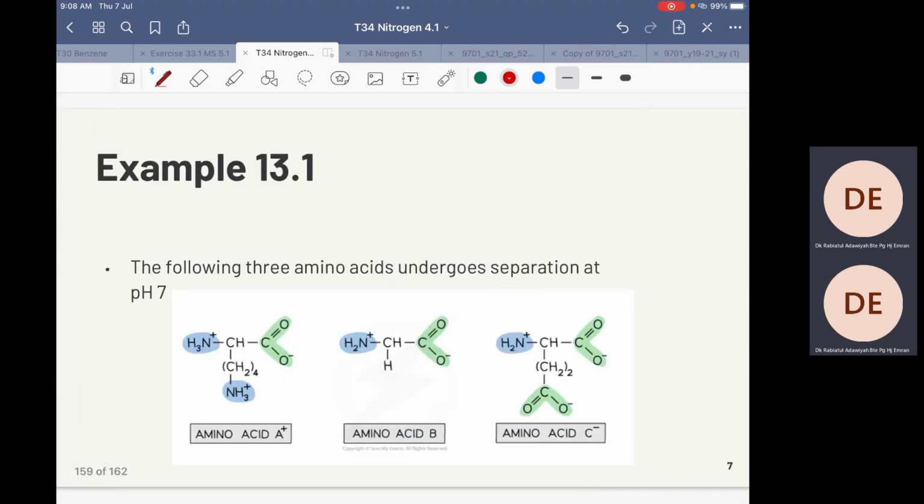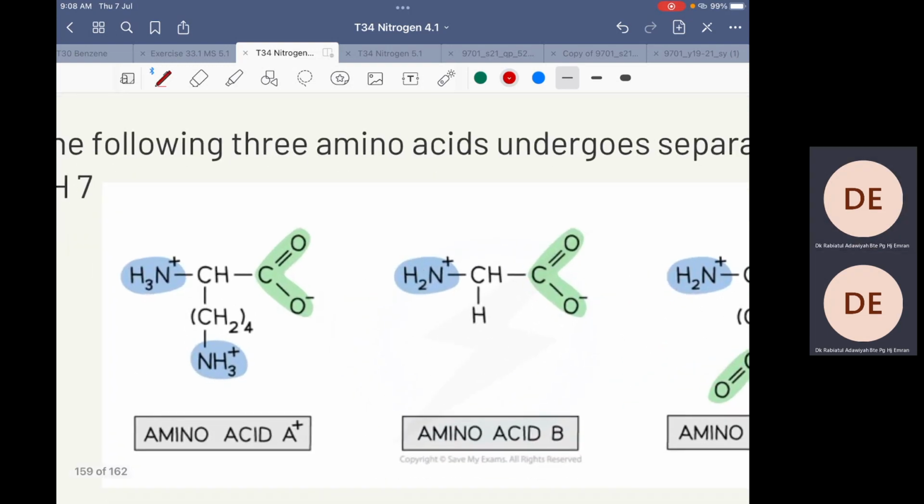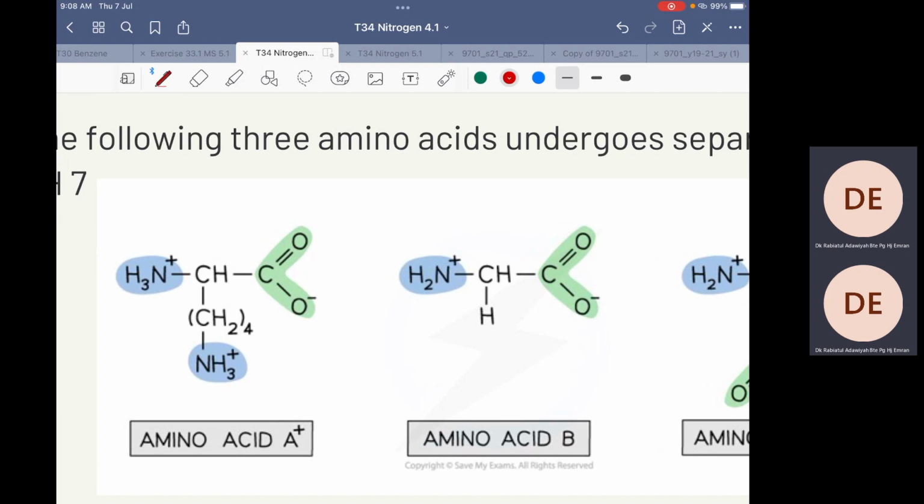Okay? So when we look at the example, here's example 13.1. We're going to look at carrying out electrophoresis on this mixture of 3 different amino acids, okay? So what I mean by we haven't taken into account the R group. If we look at amino acid A, we know that at neutral pH, the COOH becomes COO minus, and then the NH2 becomes NH3 plus, all right?